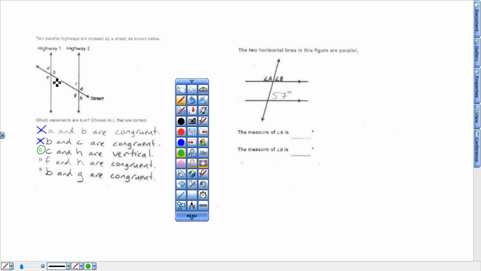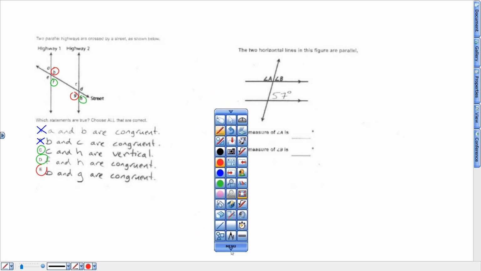F right here, H right there. My eyeball clearly sees. Those are called corresponding angles. One on the inside, one on the outside. Corresponding, equal. And then the last one, B and G. Ooh, yes, those are alternate interior angles, equal. So remember, angles A and B, those are not congruent.